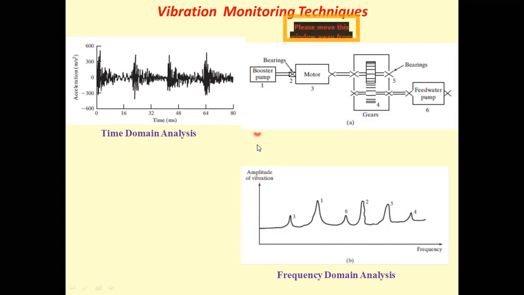These are some of the techniques which are used in machine condition monitoring of any system or machine. There are various types of techniques. This is the part of today's lecture. Thank you very much.